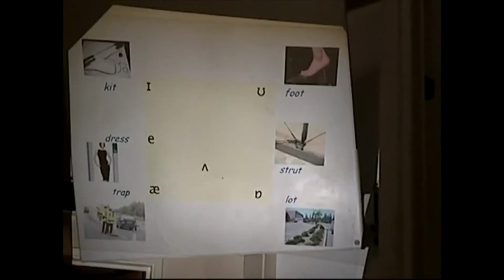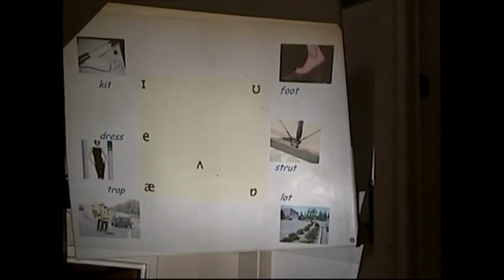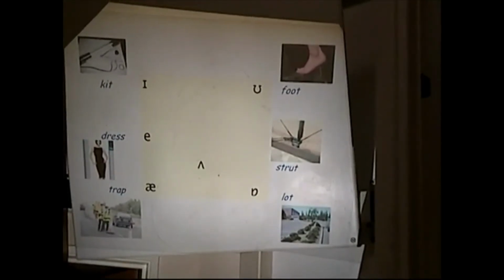They're set out in a kind of schematic diagram, which you'll find reproduced on your handout in the leftmost box, with those typical keywords for these different vowels.